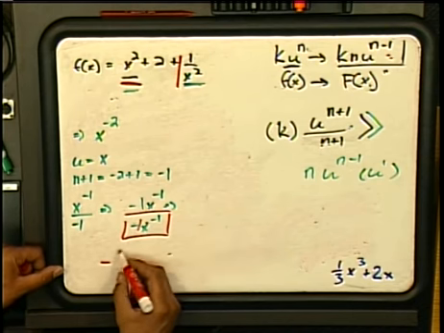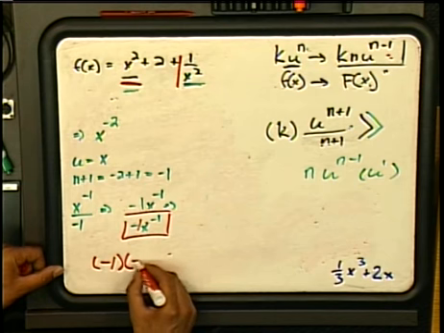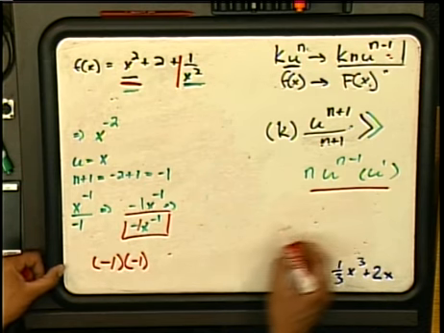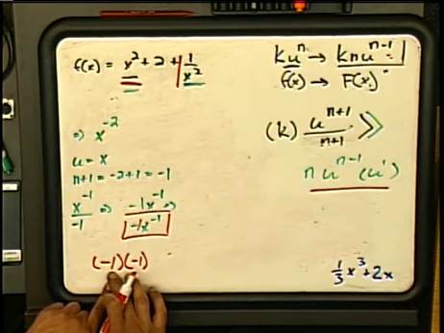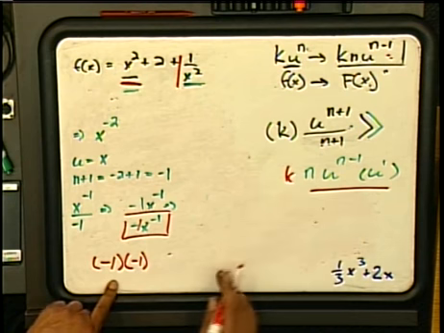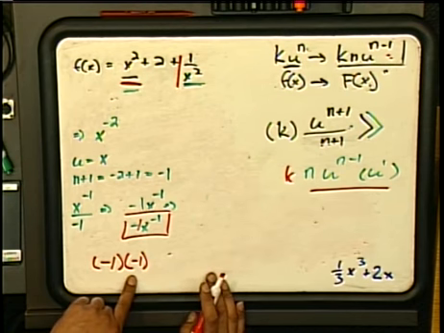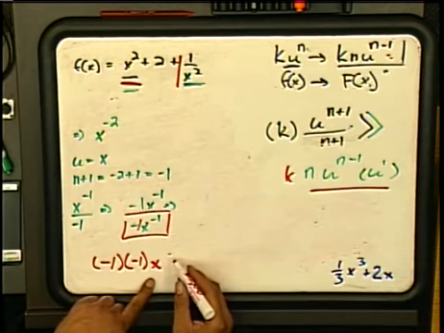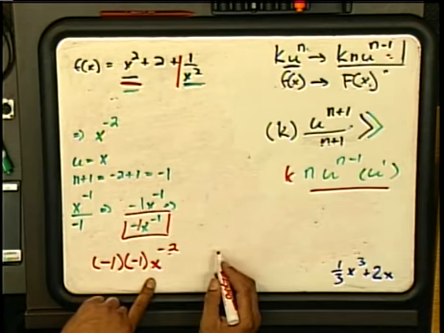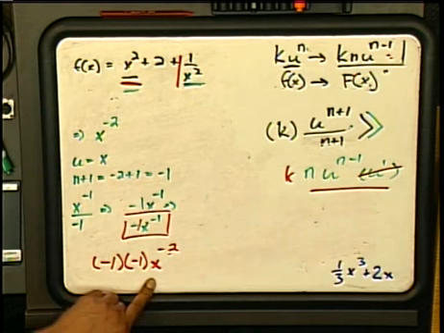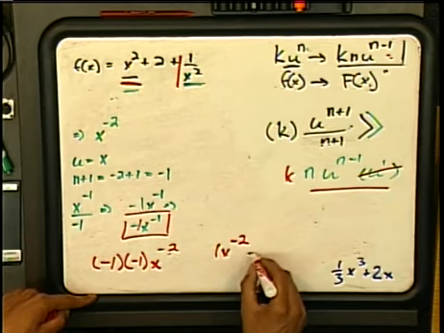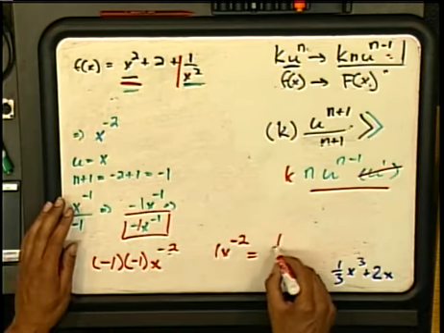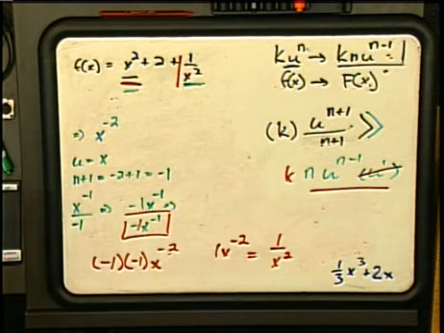There's a negative out here, negative 1 out here. Negative 1, negative 1. I'm using this. And, well, that's the constant term. U to the n minus 1 is negative 2. That doesn't apply. And that's 1x to the negative 2, or 1 over x squared.